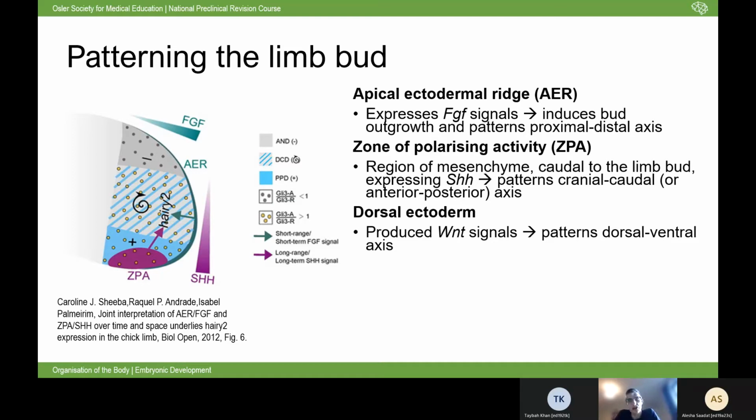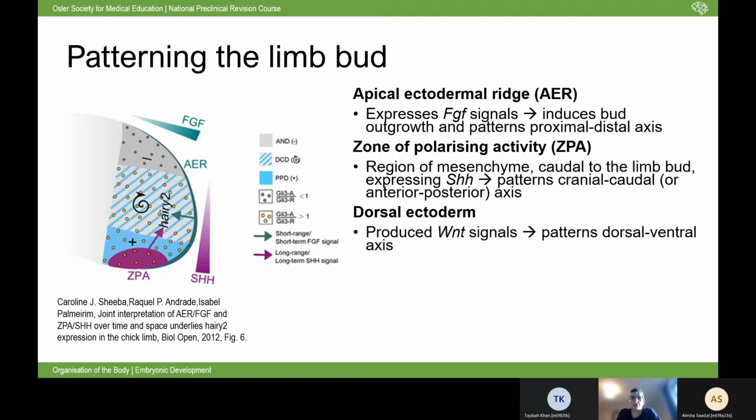We also get the zone of polarizing activity, which I always found a little bit confusing, but I think of it now as kind of in your armpit. Not very nice to think about, but this produces this morphogen SHH, sonic hedgehog, great name, and it patterns the cranial to caudal or anterior posterior axis.